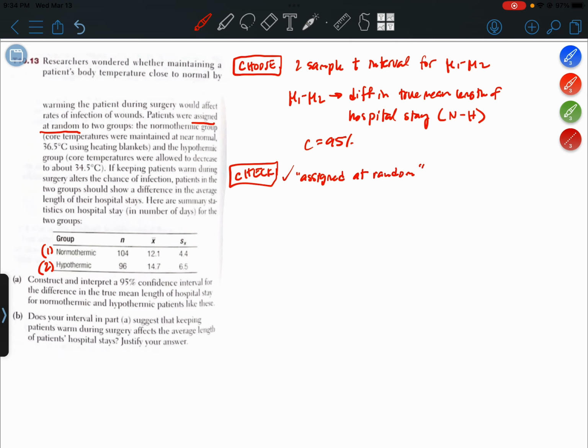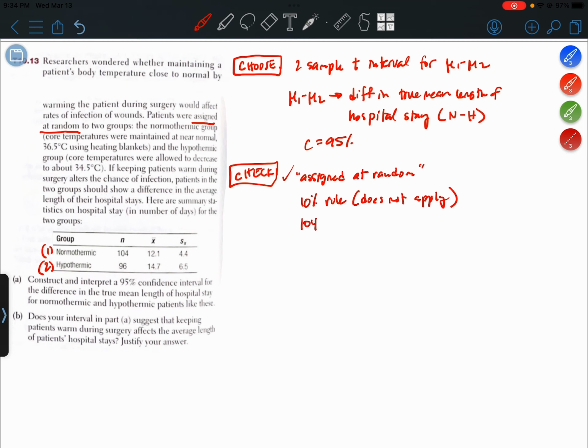random. Check. All right, now here, because we have random assignment and not random sampling, the 10% rule does not apply. Okay, the 10% rule only applies when you are sampling without replacement, which we're not doing in this study. All right, last, you look at the sample sizes or the group sizes.